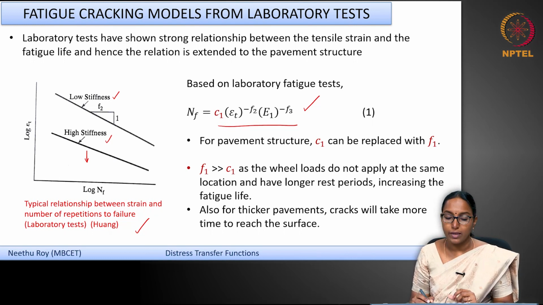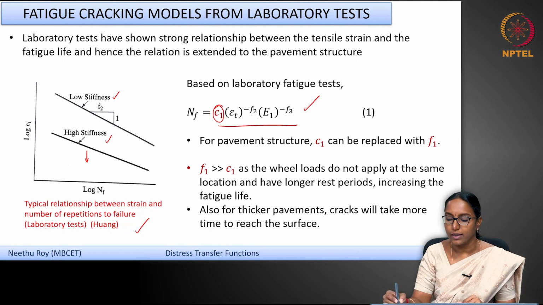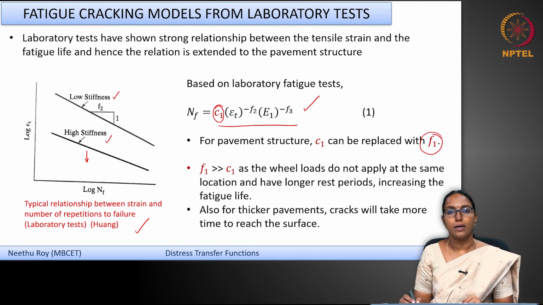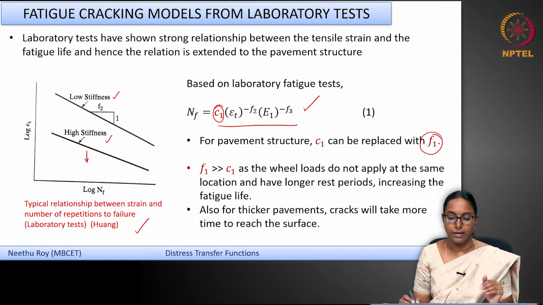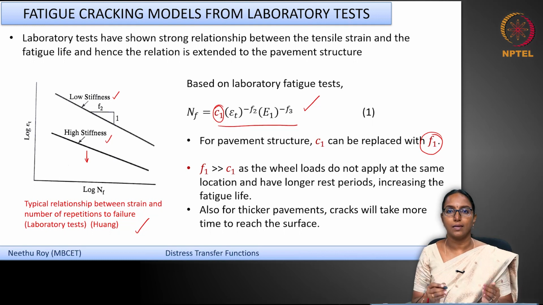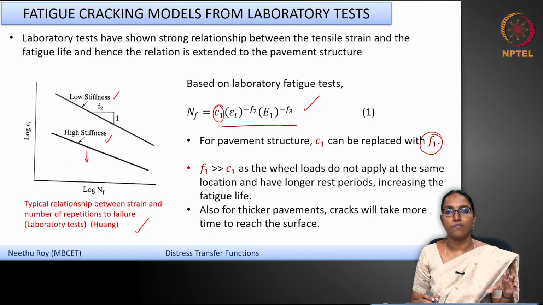The similar expression can be used wherein NF represents the number of load repetitions to failure of the pavement structure by fatigue, and the C1 can be replaced with another factor, F1, which will indicate the shift from the laboratory investigation to the field investigation. That is actually the shift from the fatigue response of the mixture in the laboratory to the fatigue response of the pavement layers or the top layer or the pavement structure as a whole in the field.